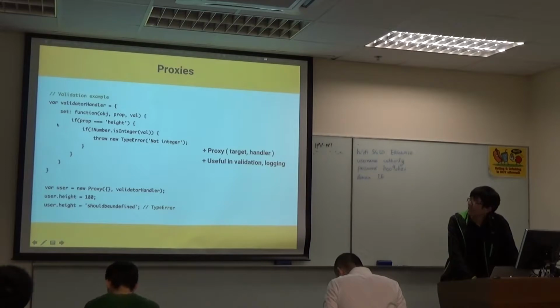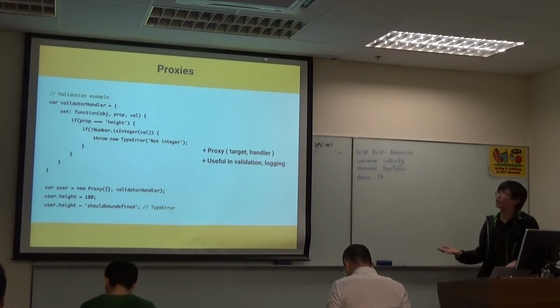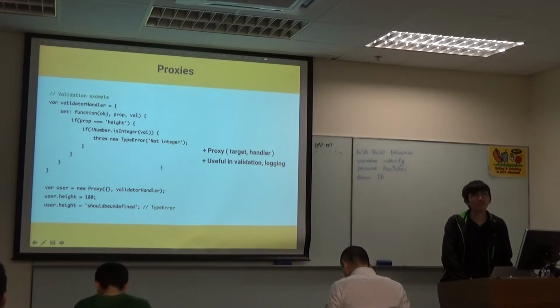It checks whether the value is an integer when the property name is height. It is really useful because you don't need to override the prototype of the object. It is useful in validation. It is useful in logging, because you can define your custom implementation.